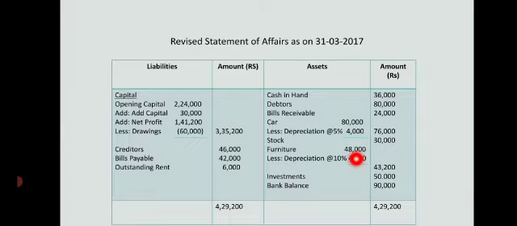Amount is 48,000 less depreciation at the rate of 10%, which we have already calculated. It will come up to 4,800. Outer column 43,200. And then investments 50,000. Bank balance 90,000. So all these assets are recorded as per the closing balances in the revised statement of affairs with adjustments. Now come to the liability side.